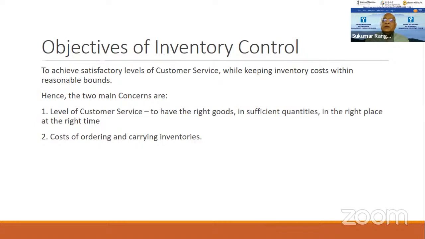The other constraint in inventory control is the cost of ordering and carrying inventories. Unless you have standing orders, which normally you don't do, because then you'll have to keep monitoring in any case.